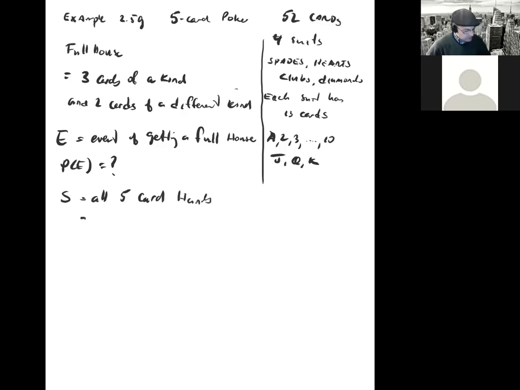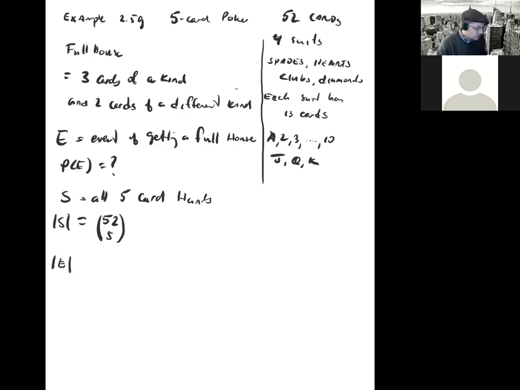So how many ways of doing that are there? That's selecting 5 cards from 52 cards. So the cardinality of the sample space is 52 choose 5. And that's fine, right? So that's easy. So now we have to compute next the size of E to get the probability of E.